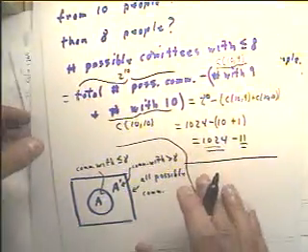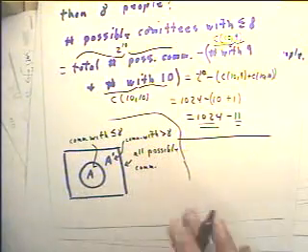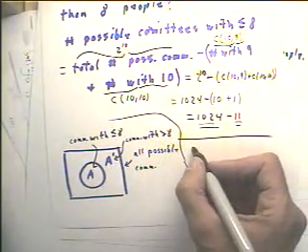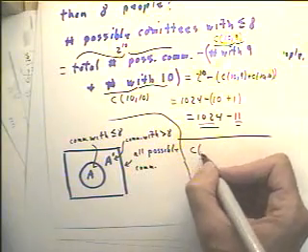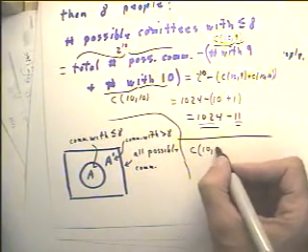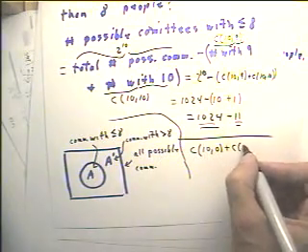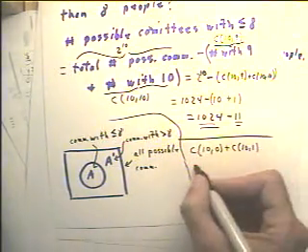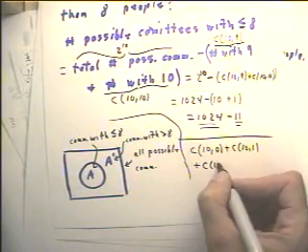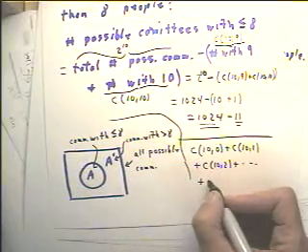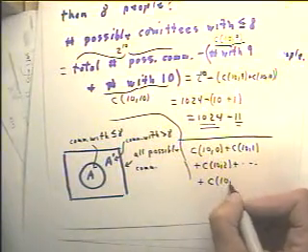Now we could have calculated this easily enough, but it would have been somewhat tedious. We could have said, well, let's see, we could add the number of 0-member committees to the number of 1-member committees to the number of 2-member committees, and so on until we get up to C of 10, 8.